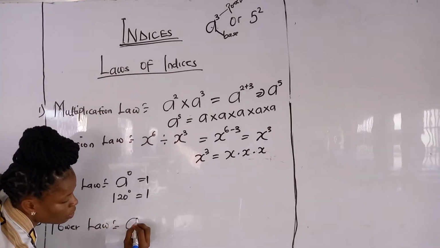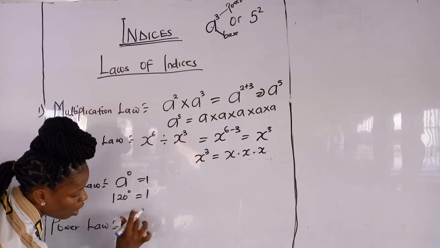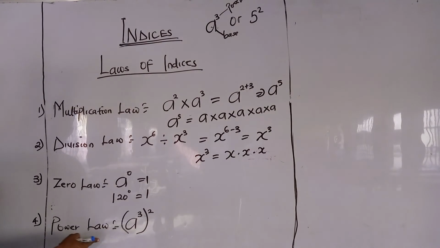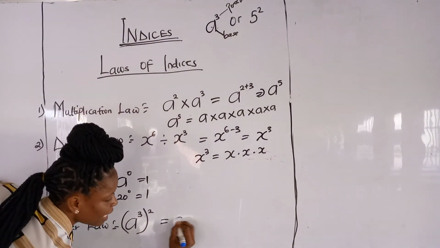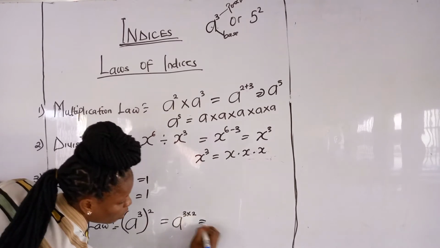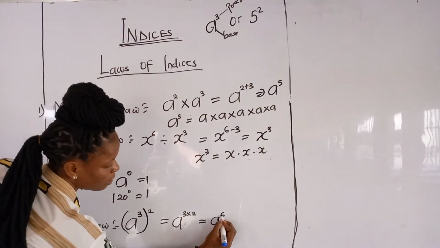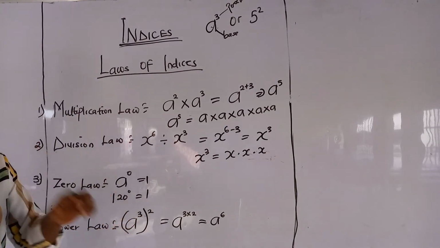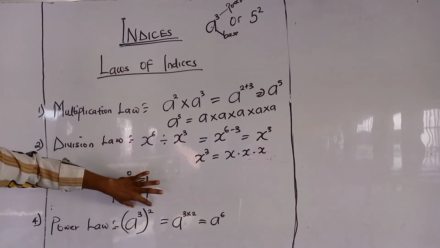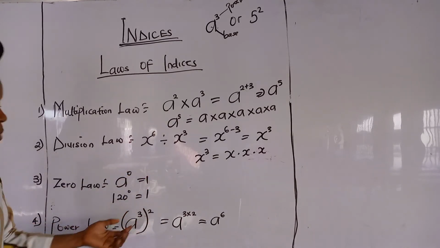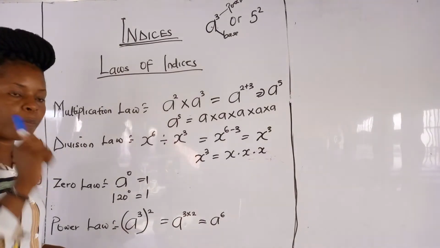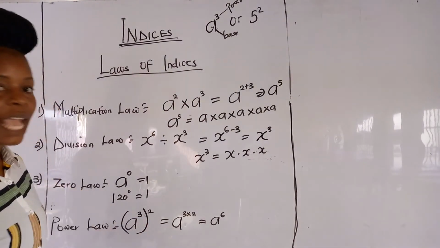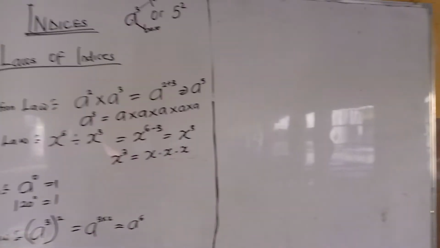If you have a base raised to the power of square, raised to the power of cube, and raised to the power of square, this power law states that if you have it expressed in this form, up to 2, 3, 4, as far as it has only one base, you just multiply the powers out.